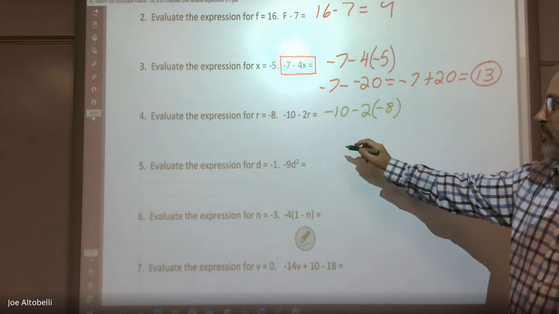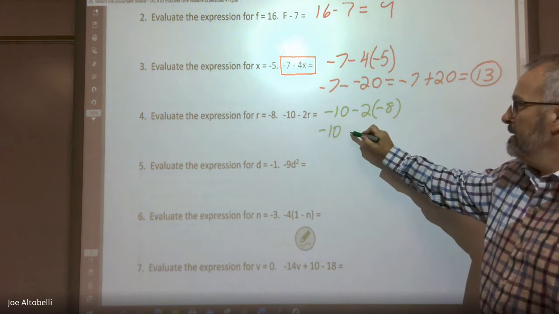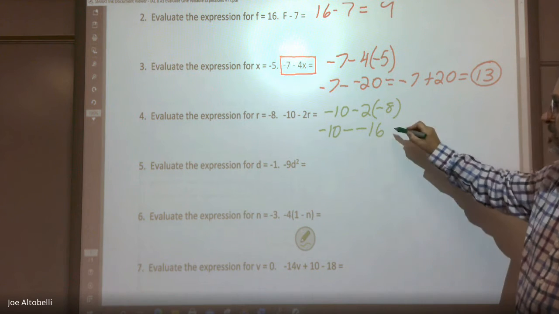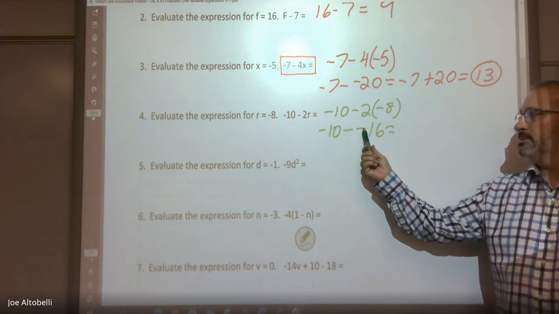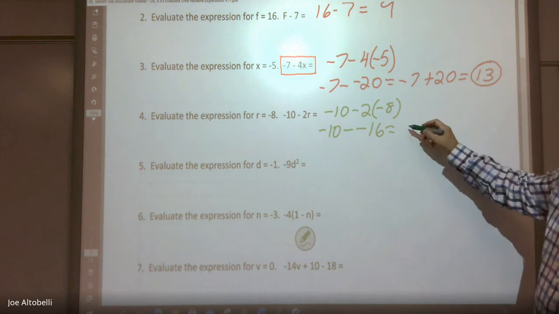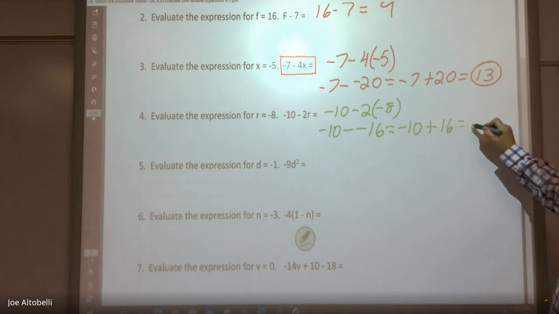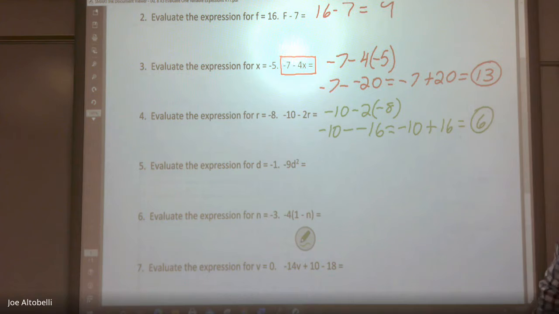Multiply before I subtract, so it'll be negative 10 minus a negative 16. Remember, minus a minus is plus, so that'll be a negative 10 plus 16, which is 6.